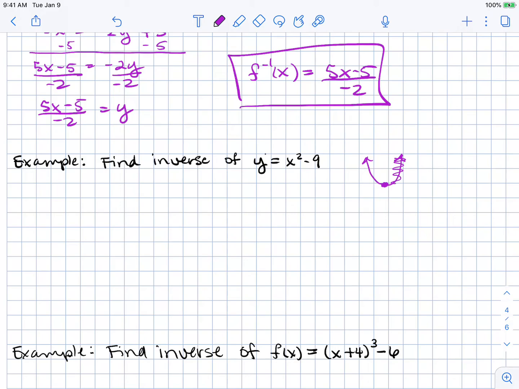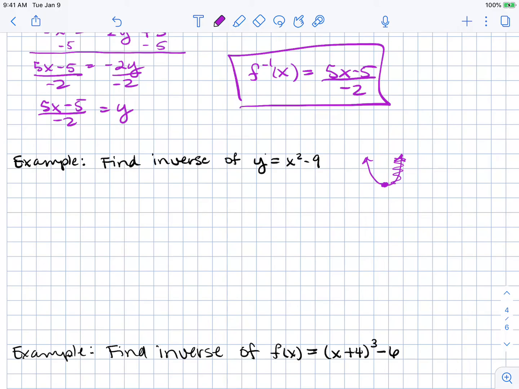That way it's just living in one half of this, so that when I do my inverse function, it will pass the vertical line test. It won't pass the horizontal line test because it goes through twice, so I'm going to have to restrict the domain.